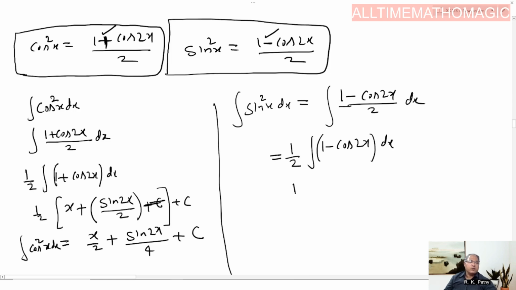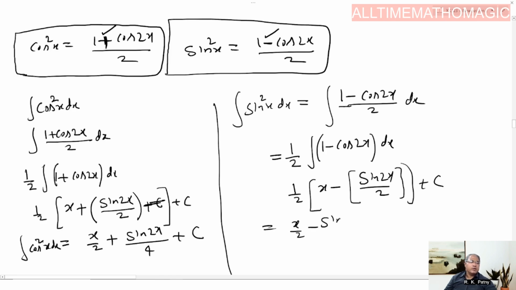After that, 1 by 2 as it is, integration of 1 is x minus, and integration of cos 2x is nothing but sin 2x upon 2, plus c. This is equivalent to x by 2 minus sin 2x upon 4 plus c. This is nothing but the integration of sin square x with respect to x, equal to x by 2 minus sin 2x upon 4 plus c.